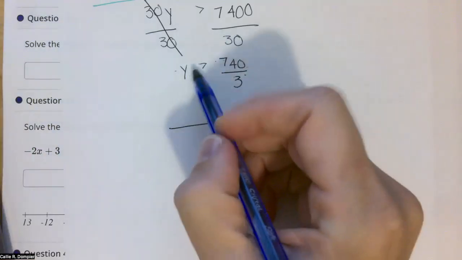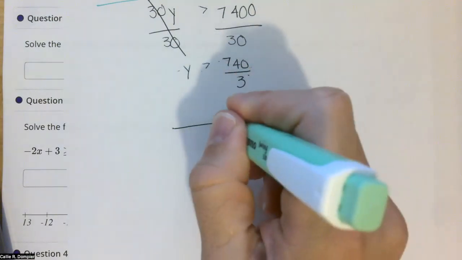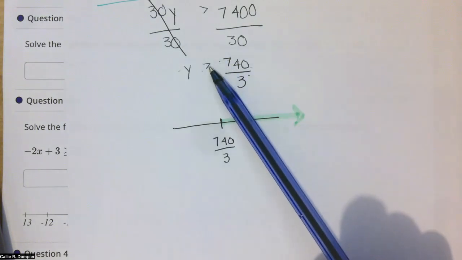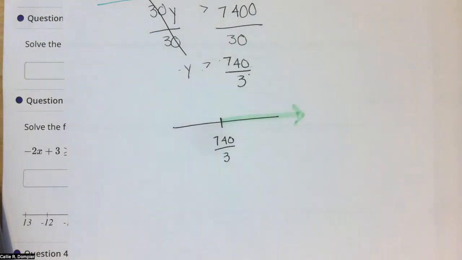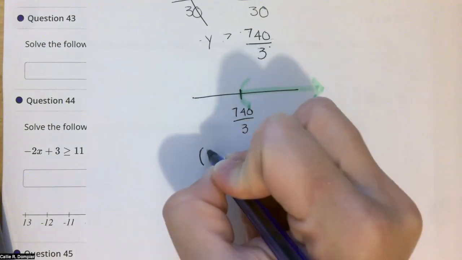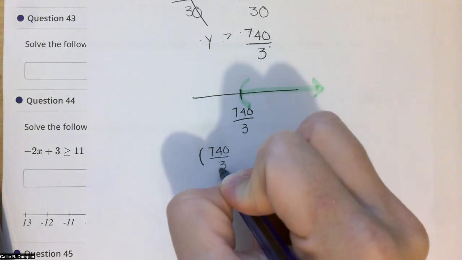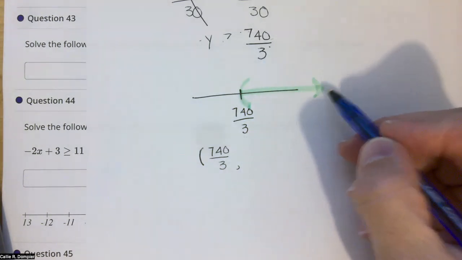But we'll just say it starts there. Greater than means it's going to go in the positive direction forever. So it doesn't include that, right? It'll just be a parenthesis. That means we start at but don't include 740 over 3. Our next number is just an arrow going in the positive direction forever.